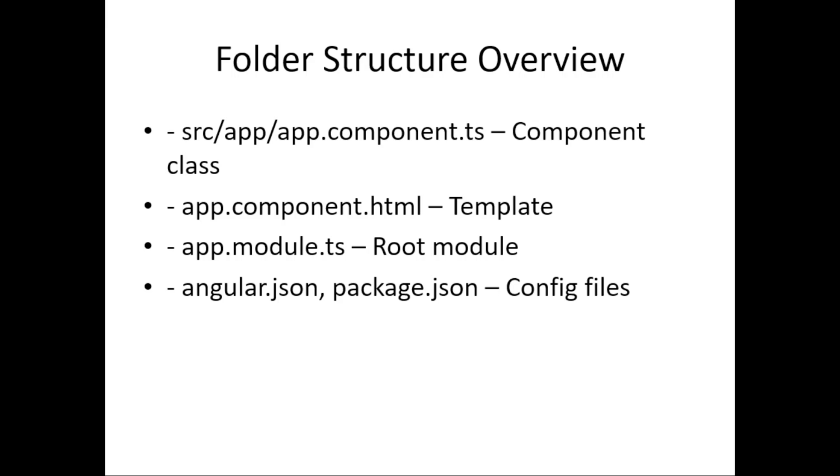And package.json contains all your npm dependencies and scripts to run, test or build your app. It looks like a lot in the beginning, but with practice you will get familiar with this quickly.